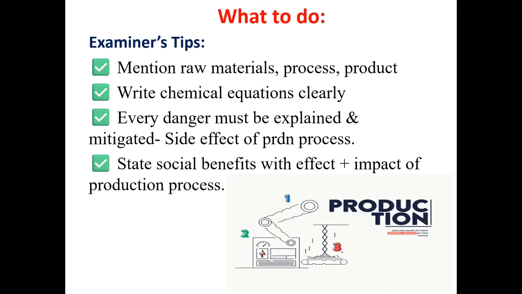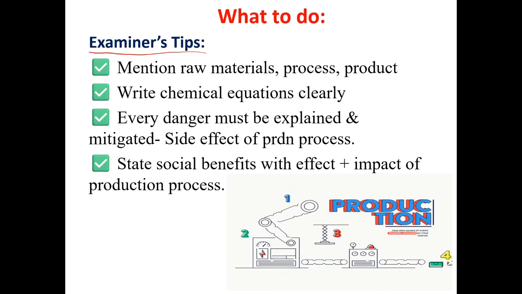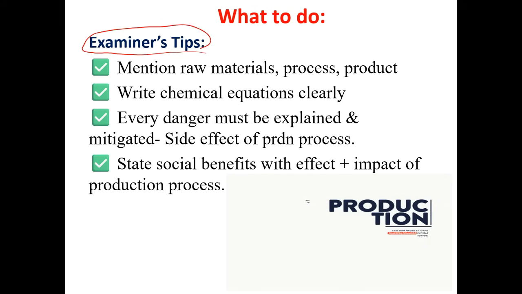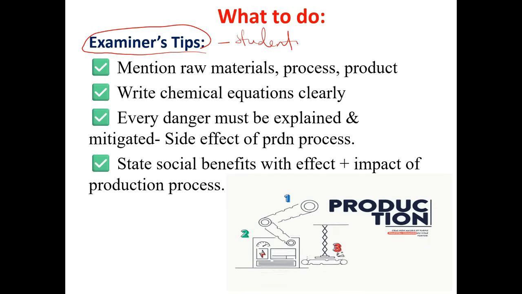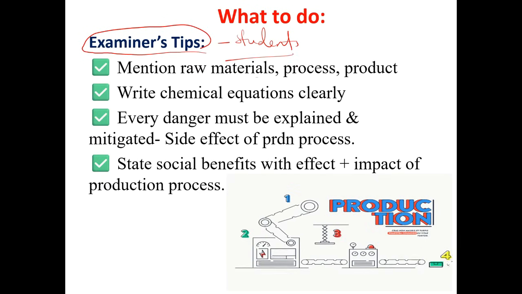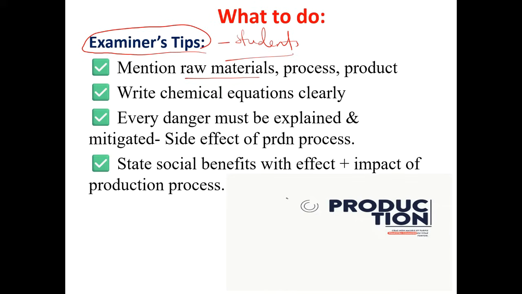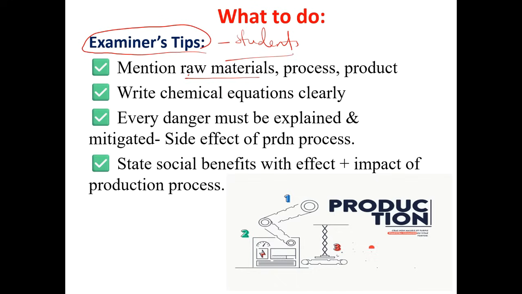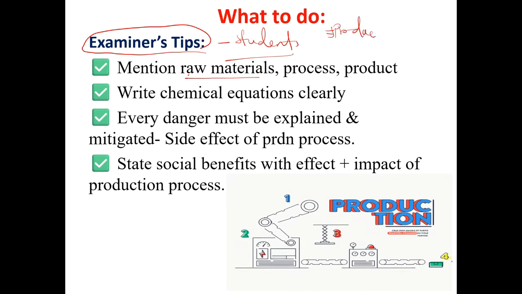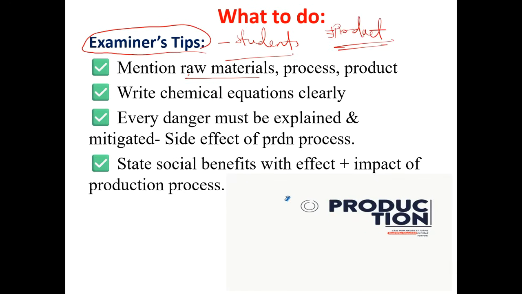So during industrial process, these are some tips I want to give to us. I've put examiner's tips, but of course, there are tips to us, the students, also. Number 1, mention the raw materials. Because when you read the scenario, you are supposed to be in position to identify the product they are producing, the product which is being manufactured.